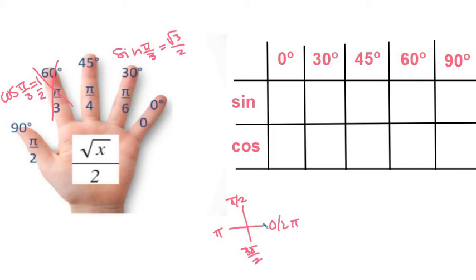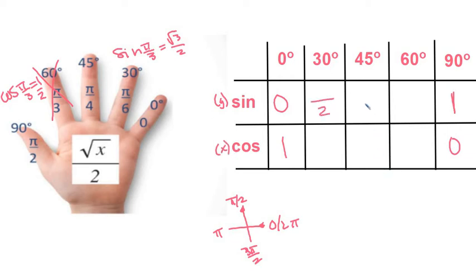If we go over to 0, that means we went out 1, to the right 1, which is a positive 1, and sine is 0. If I go to 90, that means I went up 1. Up 1 means sine is 1 and cosine is 0 because I didn't go left or right. Remembering that sine is y, cosine is x.